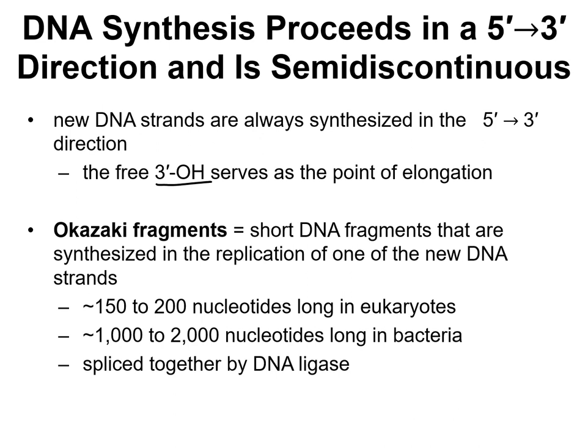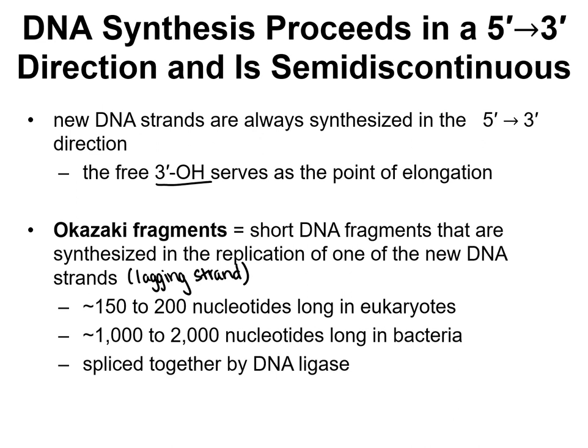Okazaki fragments, which we're going to talk about how they're made, are short DNA fragments that are synthesized in the replication of one of the new DNA strands. It's going to be the lagging strand. This may sound familiar to you if you remember DNA replication from biology.